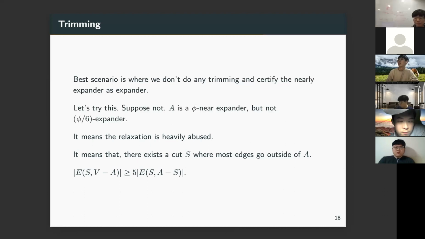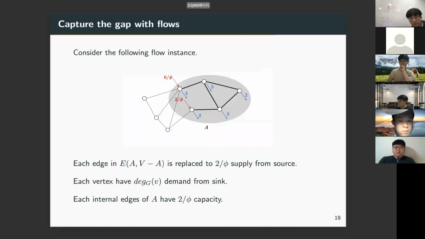So it means that some cut has more edges going outside of A. So this is S, this is B minus A, and this is A minus S. So there are more edges going outside than edges inside there. So that is where we have a difference.